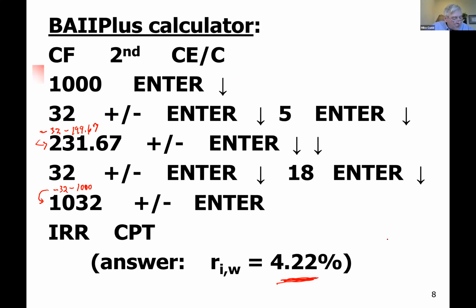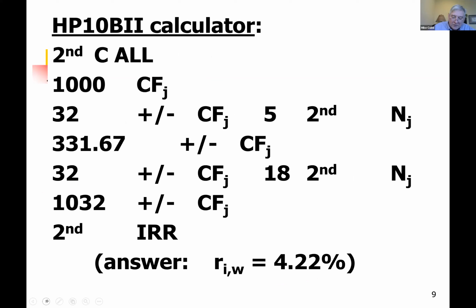All right, what were we doing? Here we go. Those are the keystrokes for the BA2 Plus. If you have the HP 10B2, those are the keystrokes, and they give you the same answer, of course. So, one of the things we want to do, if we're Blake Corporation and we're going to sell bonds with warrants, is to estimate what it will cost us.